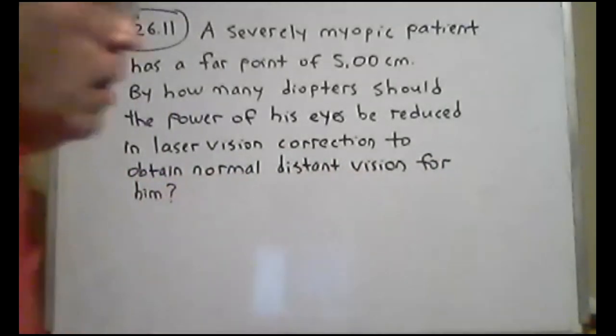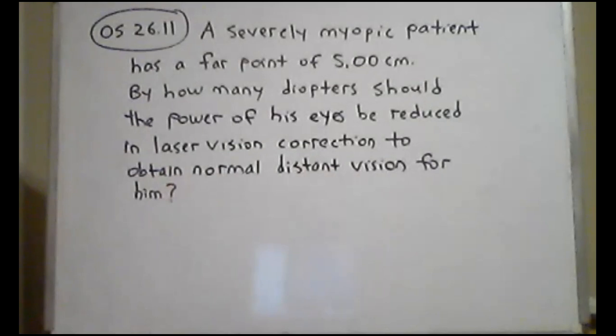Okay. A severely myopic patient has a far point of just 5.00 centimeters. How many diopters should the power of his eyes be reduced in laser vision correction to obtain normal distant vision for him? Okay, so what does that mean?